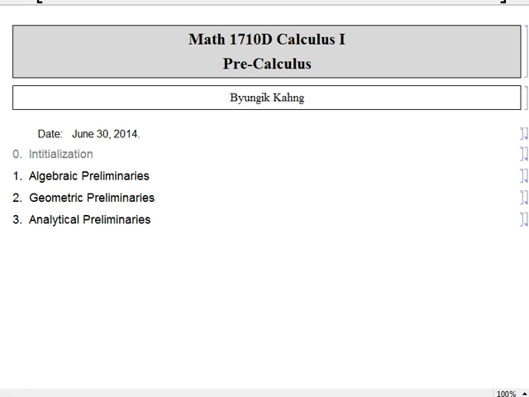Students who feel very confident with the first 2 sections, algebraic and geometric preliminaries, which will be about college algebra level or below, can just move on to the video on analytical preliminaries. For the other students, let's go.